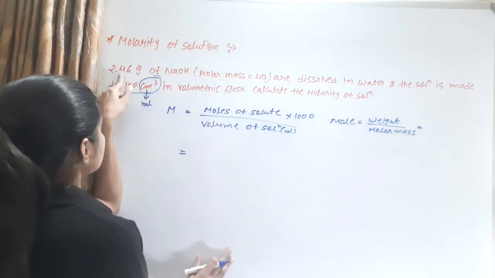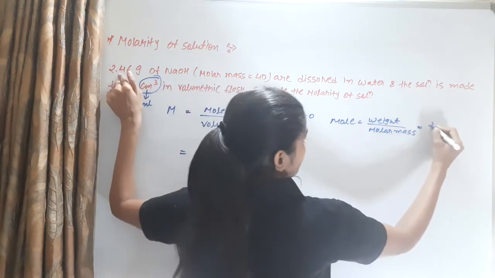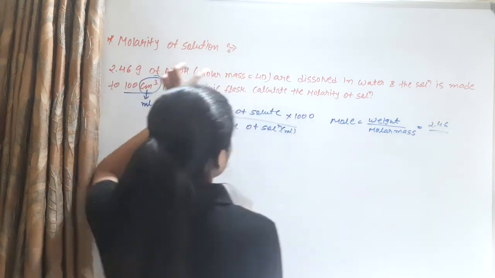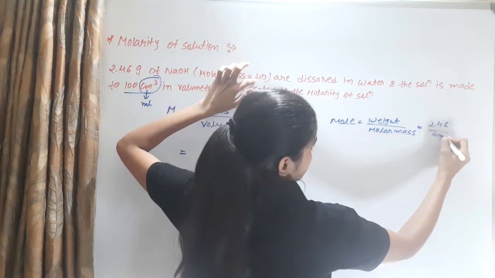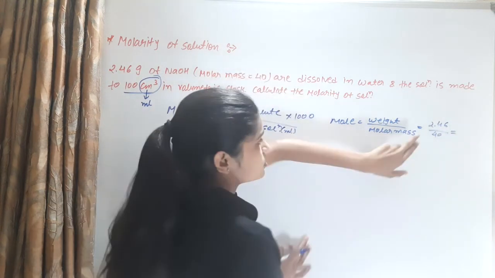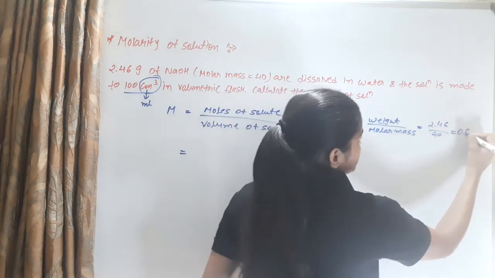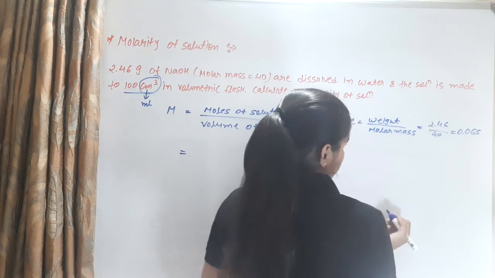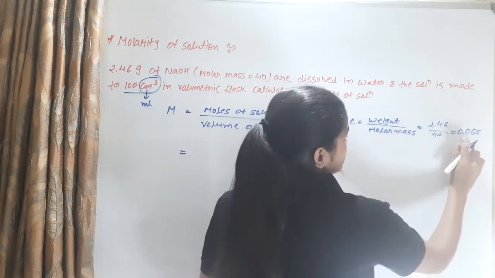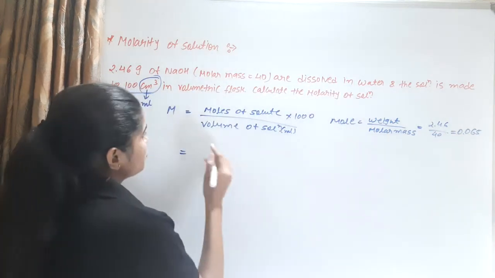For NaOH, the given weight is 2.46 and molar mass is 40, so the value is 2.46 divided by 40, which is 0.065 mole.